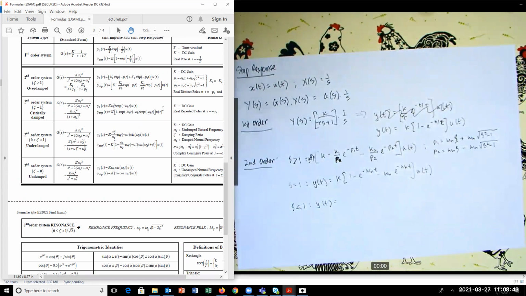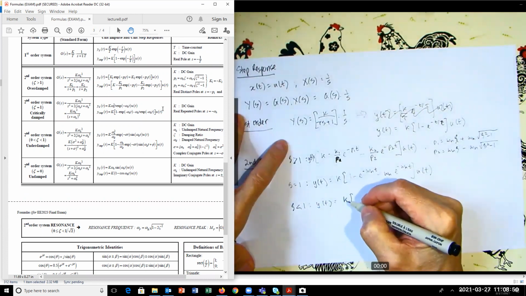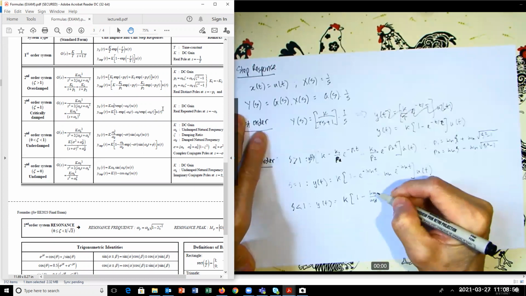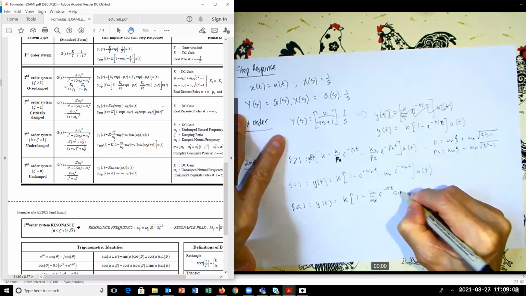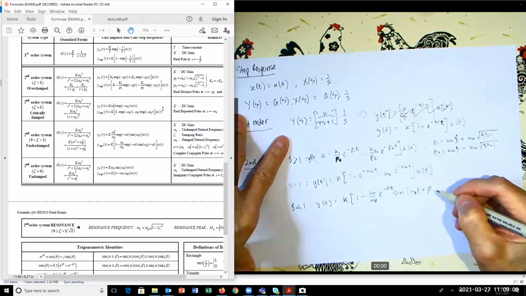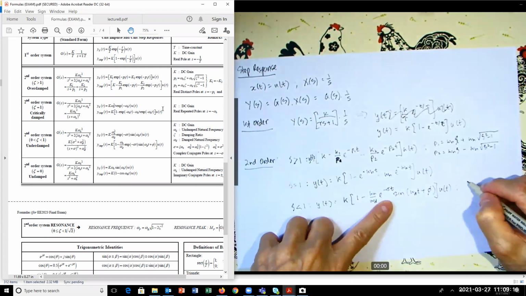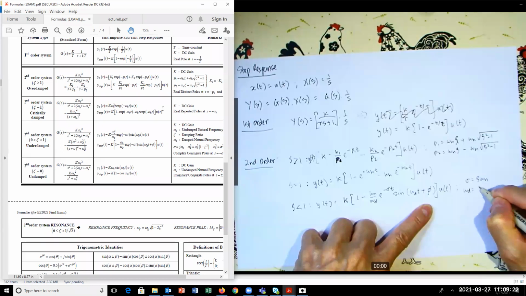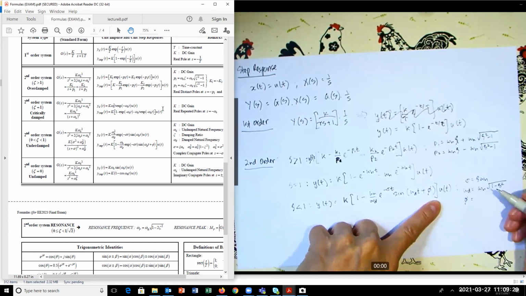We see that it is K into 1 minus omega n over omega d e to the minus sigma t sine of omega d t plus phi, u(t), where sigma is zeta omega n and omega d is omega n square root of 1 minus zeta squared, and phi is what you see here in the formula.